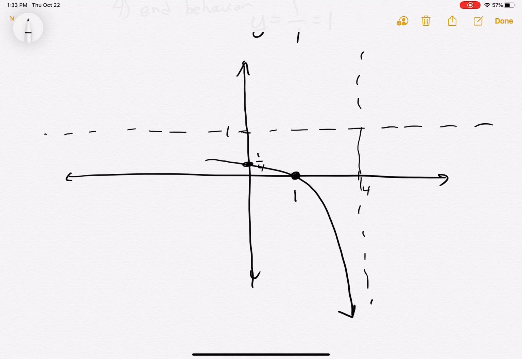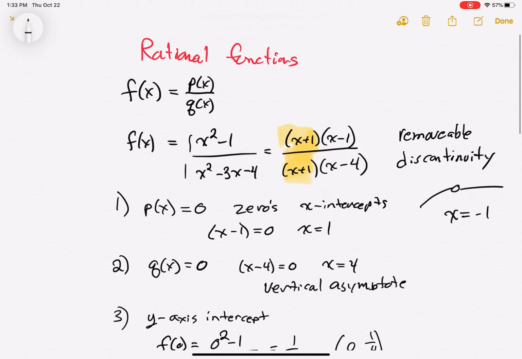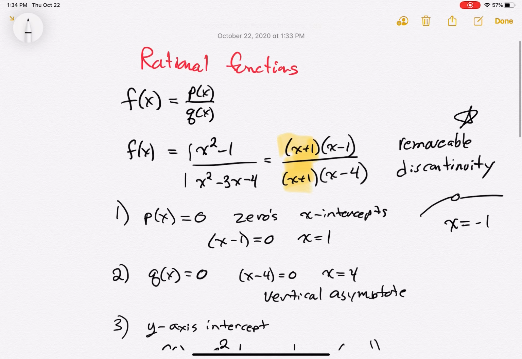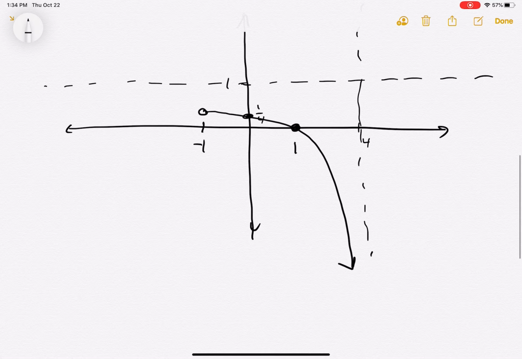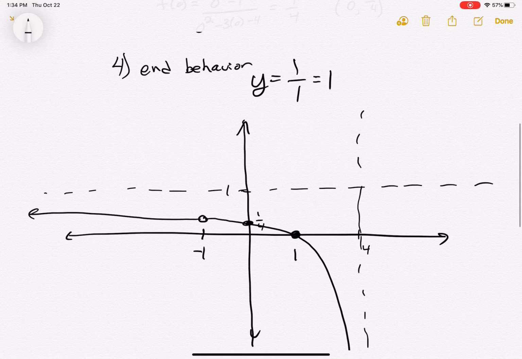Remember that we also have a hole in our graph when x is equal to -1. And that's our removable discontinuity that we had up here. And then we're going to have this line that goes like this. Now we have to figure out what happens on the other side over here. Is it going to be over here, or is it going to be over here?